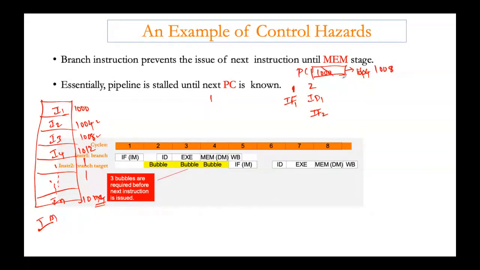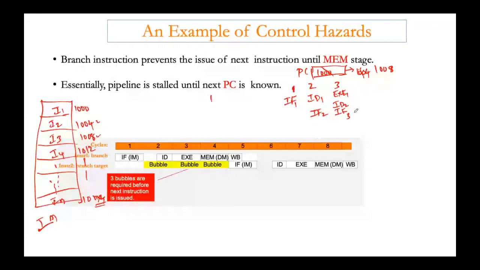At the third cycle, instruction 3 will be fetched, the second instruction enters the instruction decoding stage, and the first one enters the instruction execution stage.